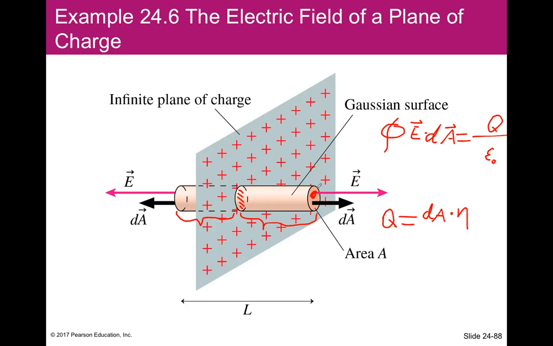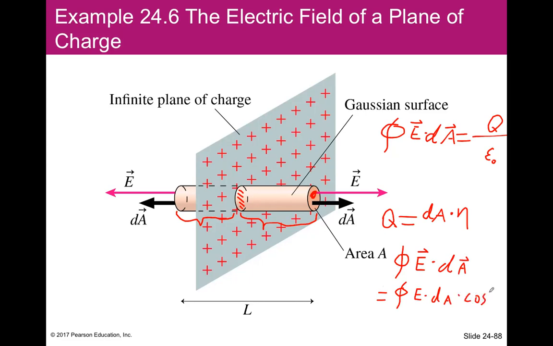And then E at this surface should be constant, and the direction of E is the same as the direction of dA. Therefore, for phi, let's first talk about the right side. The integral of E dot dA becomes the integral of scalar E times scalar dA times cosine theta.